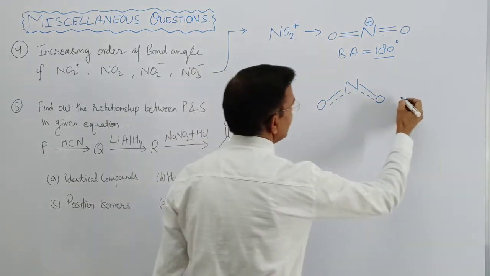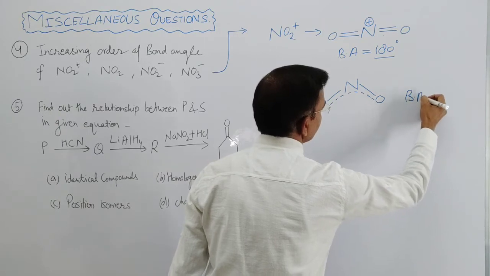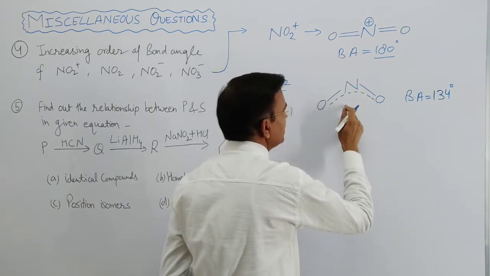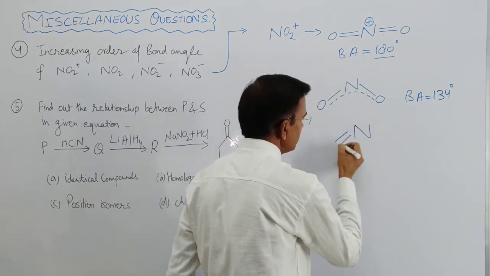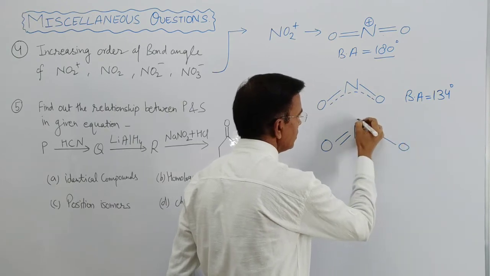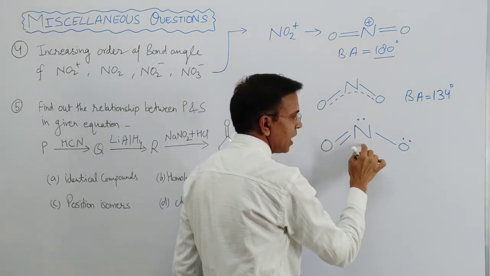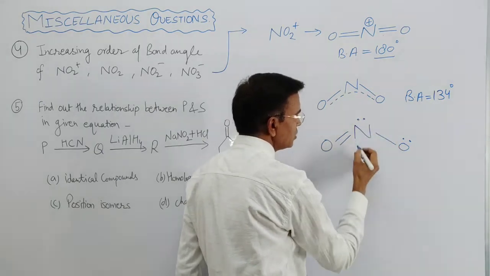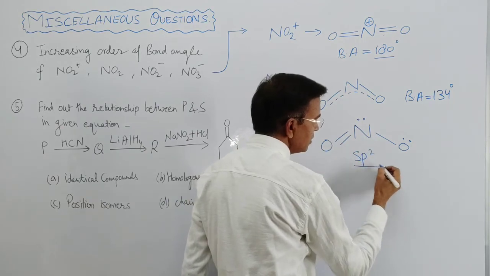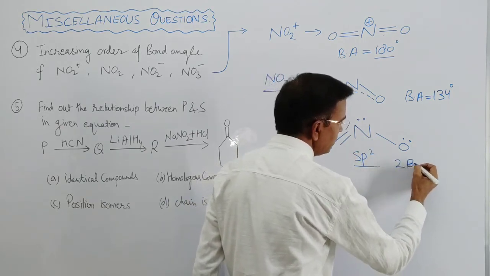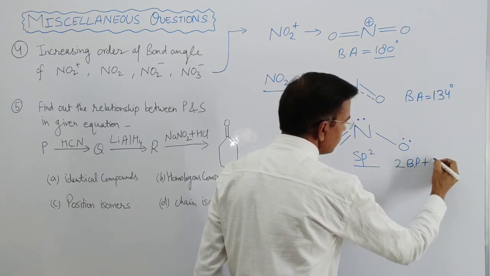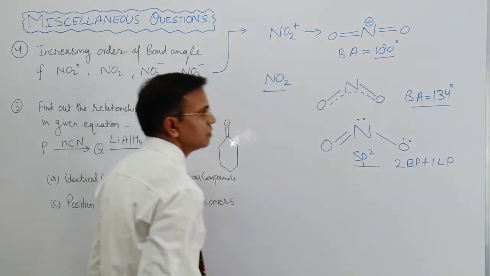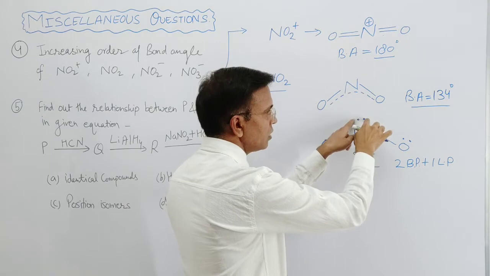Here the bond angle is around 134 degrees. It is sp2 hybridized, with 2 bonds and 1 lone pair. So the bond angle is 134; some repulsion is there due to the lone pair.